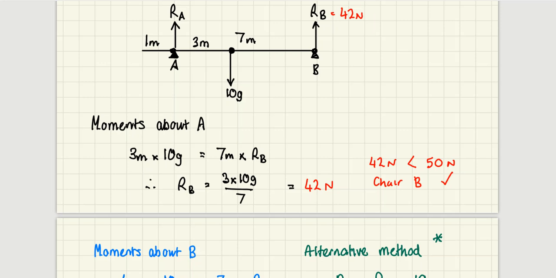This is a distance of 4. So we would have 4 meters times 10g is equal to what times RA this time?